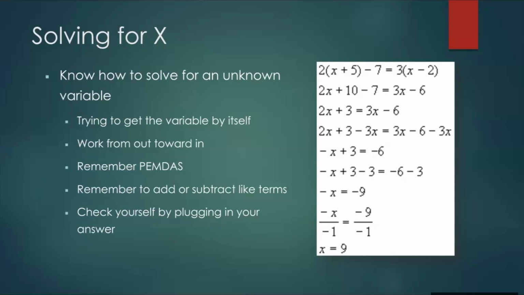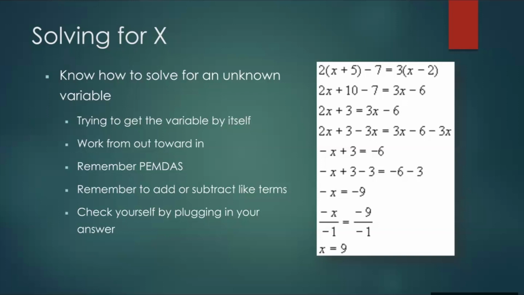The positive 3 just stays down because it doesn't have a like term. On the right-hand side, 3x and negative 3x equals 0x. That was the goal: we wanted one side with x's and the other side with just numbers. So negative 6 is just brought down. Now we want to continue getting x by itself now that it's on the left, so we subtract 3 from both sides.